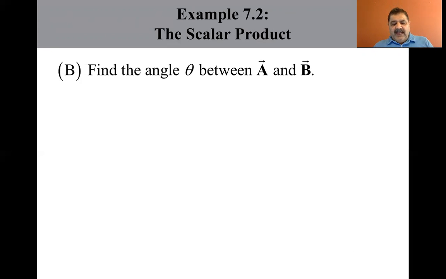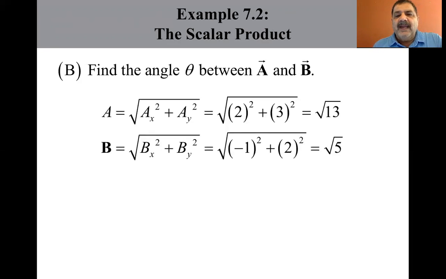Okay, let's find the angle between A and B. Well, we can get the magnitude for A and the magnitude for B. And if A dot B is equal to AB cosine theta, well, cosine theta is equal to A dot B divided by the magnitudes AB.